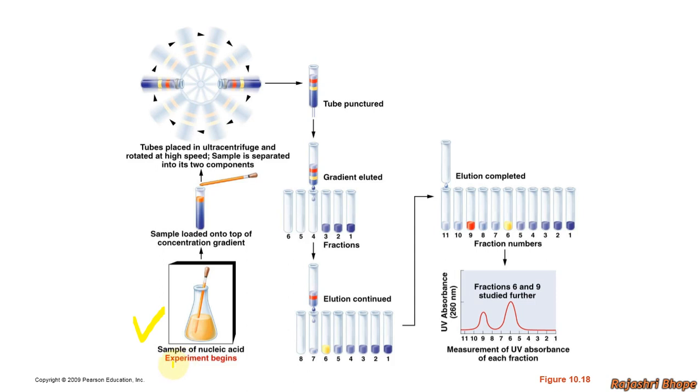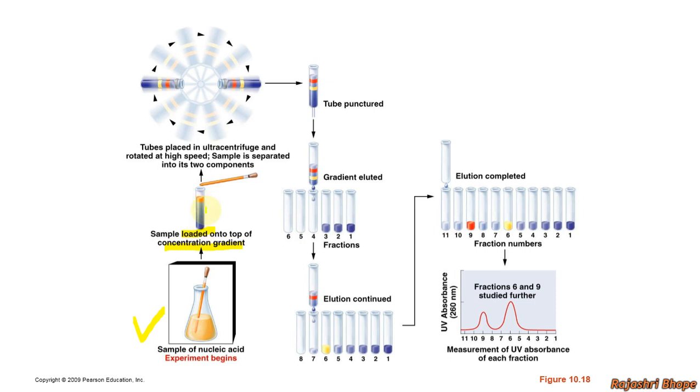Sample of nucleic acid is loaded onto the top of concentration gradient. This is a density gradient which is already formed using either cesium chloride or Ficoll or sucrose. Density gradient means the density of the solution is heavier at the bottom, decreasing towards the top.